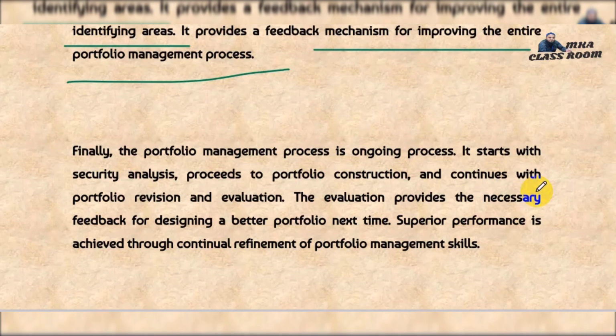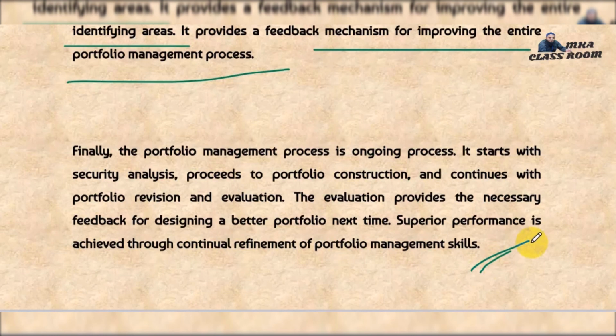The evaluation provides the necessary feedback for designing a better portfolio next time. Superior performance is achieved through continual refinement of portfolio management skills.